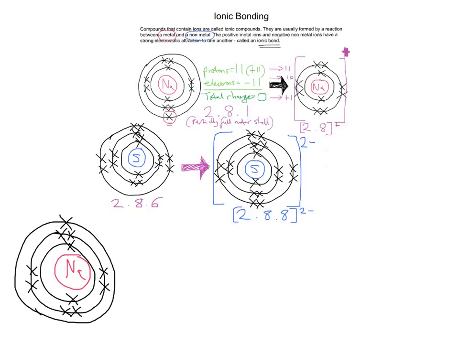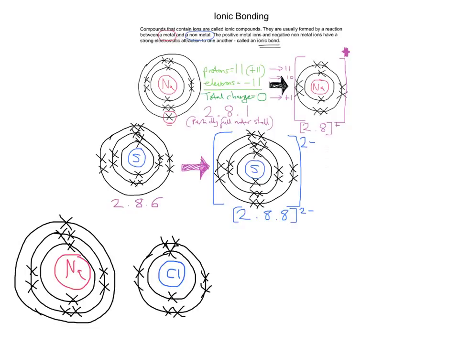Now chlorine, if we were to look at chlorine as a non-metal atom, if we draw the electron arrangement there for chlorine, chlorine has 2 in the innermost shell, 8 on the one around that, and on its outer shell it has 7.